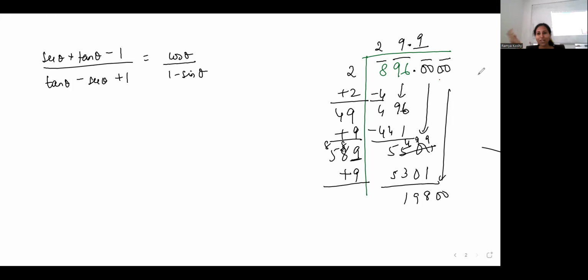It's only 4 digits away. So the error is very small. So even if you round off to 30, it's fine. It all depends. You need to take a call depending on how much time is left for you to do calculations. It depends on your speed of doing the paper.